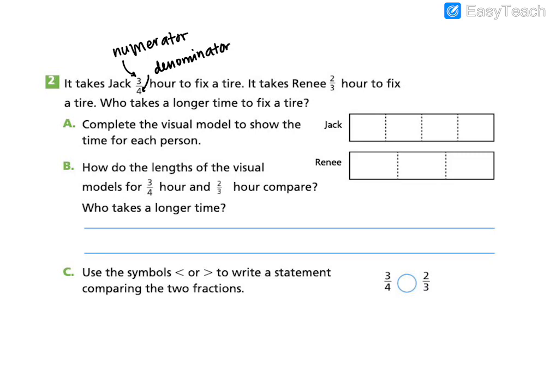So with our fraction, our denominator tells us how many pieces there are, and our numerator is how many of those pieces were taken to fix that tire. So our hour is split into fourths. It takes 3/4 of that hour. Let's go ahead and fill in 3 of those fourths.